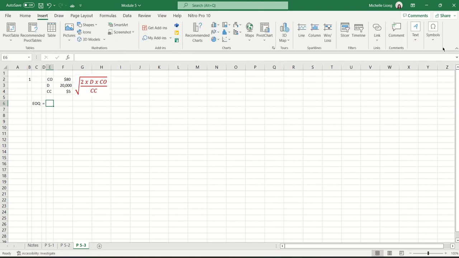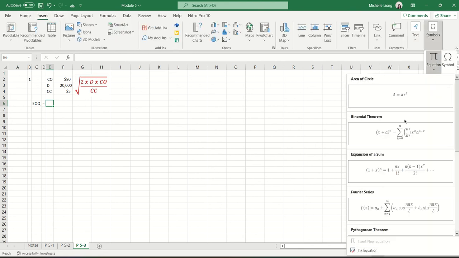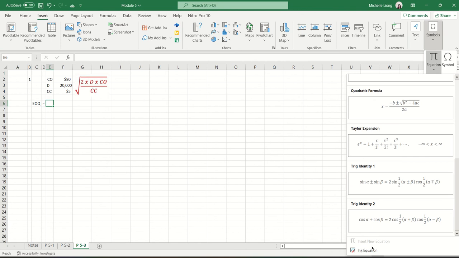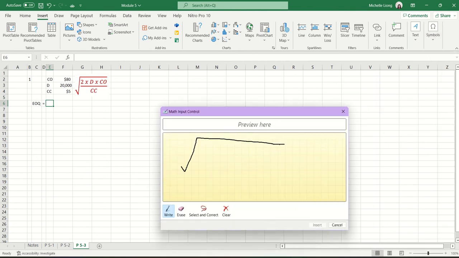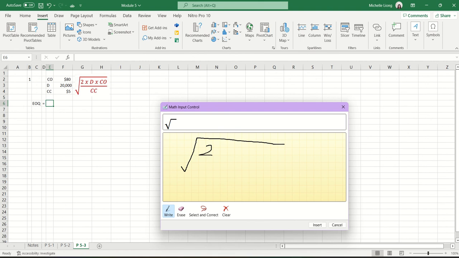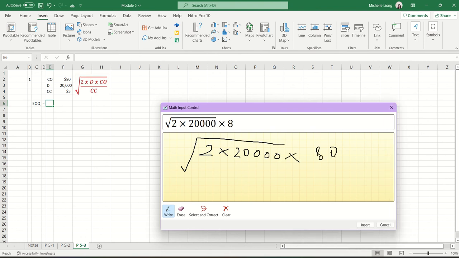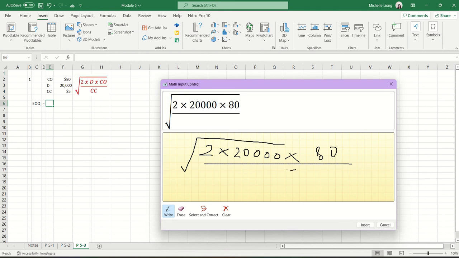Oh, need to insert some equation. Yeah, this is it. 2 times D, which is 20,000, times CO, which is 80, divided by CC, which is 5.